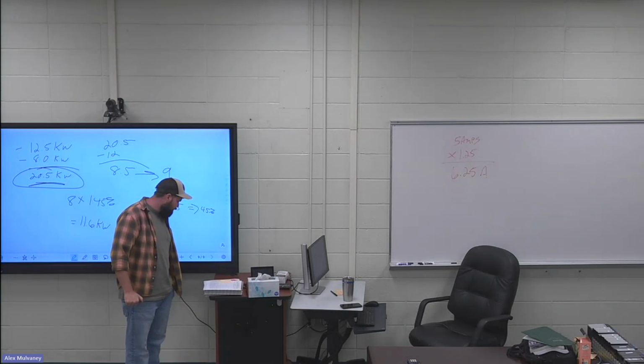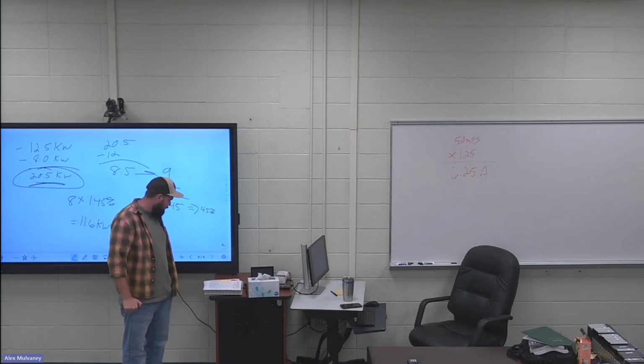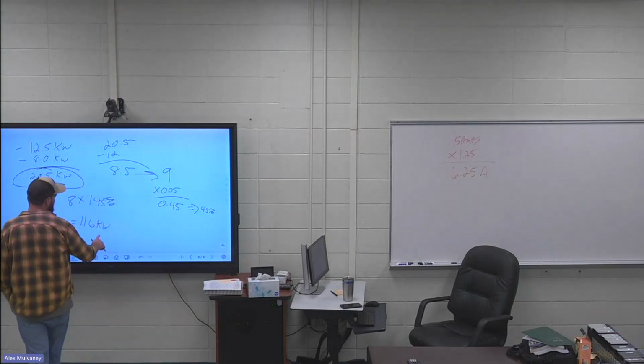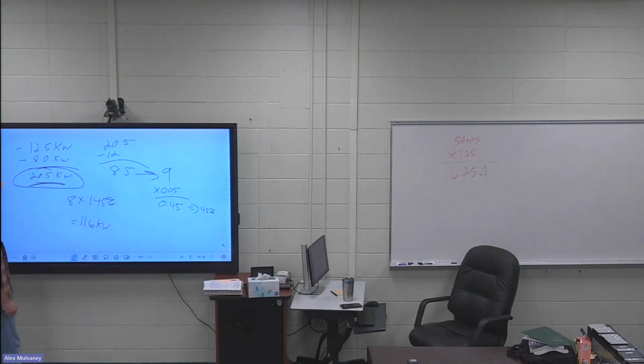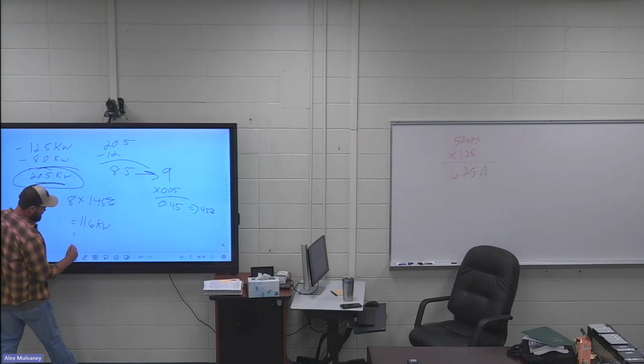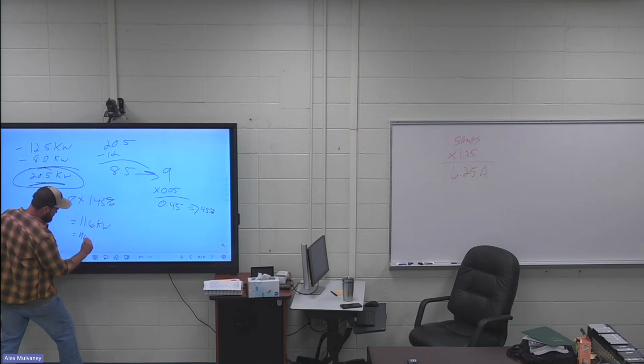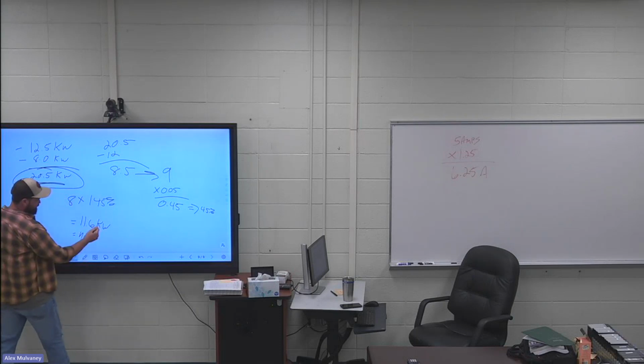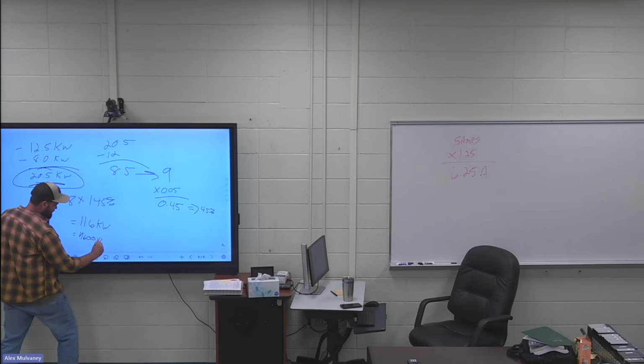So divide the total volt amperage by the circuit voltage to determine the branch circuit ampacity. Kilowatts is the same as kilovolt amps. What's 11.6 kilowatts written in watts? 11,600. And watts can be written as volt amps, right?